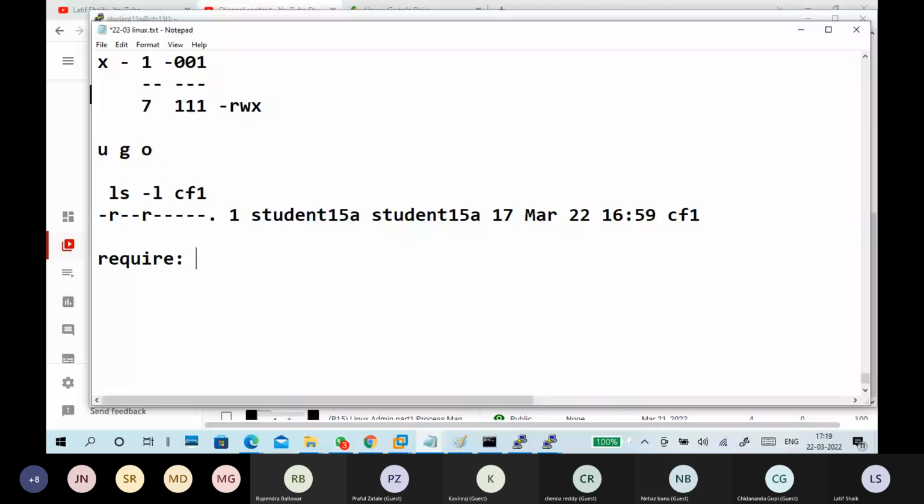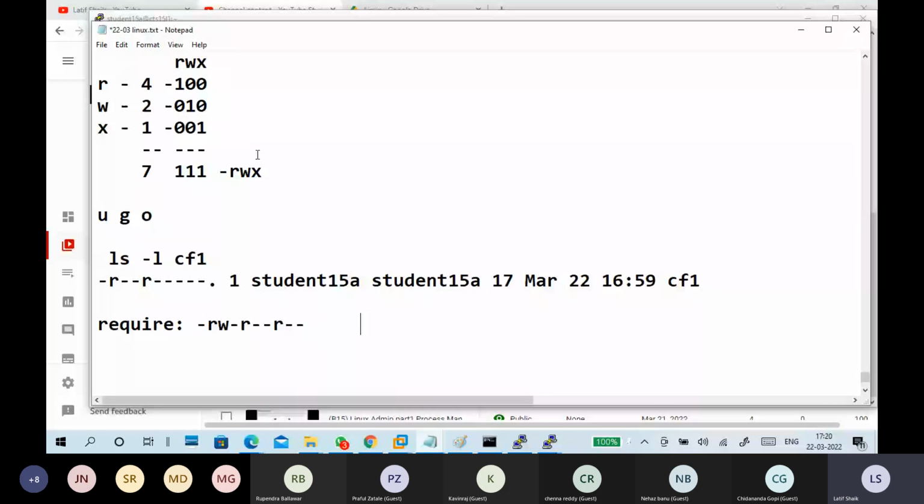RW, RW, R. So like this. I want to change it. Otherwise, you can see like this. This is the entire permission set. I'm changing from here to here. So what to do? The first RW means 4 plus 2.